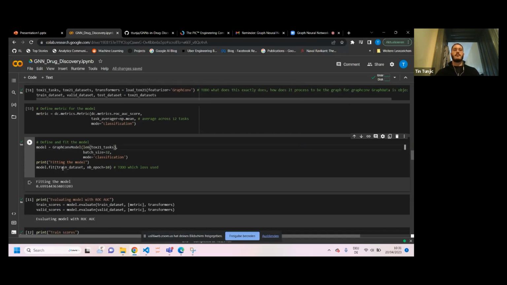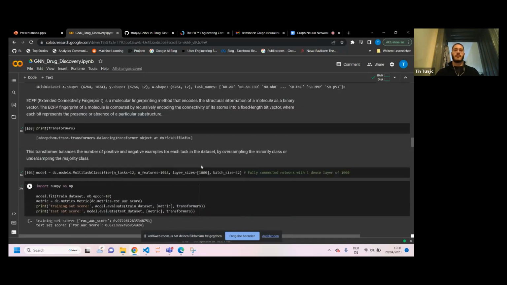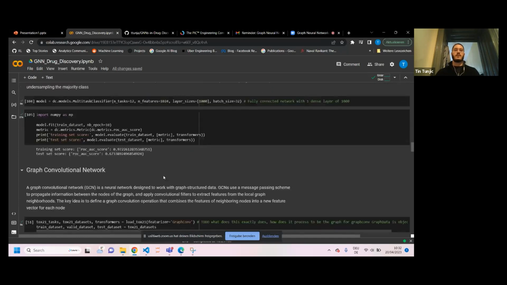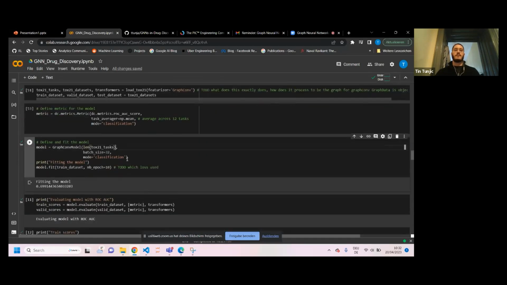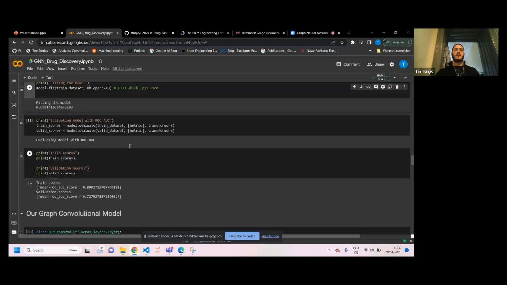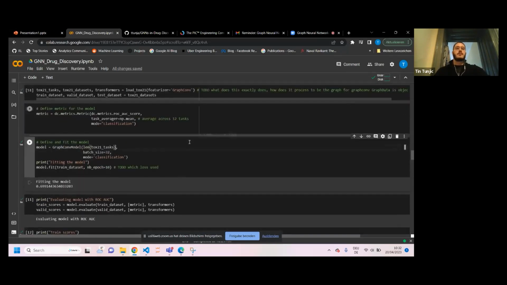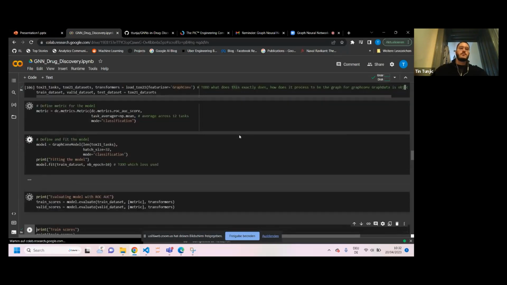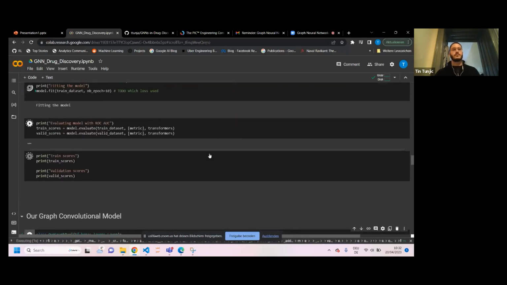We fit this with 10 epochs, which is the same as in the multitask classifier. And after that, we obtain the ROC-AUC score, so let's run it so that you can see the scores.